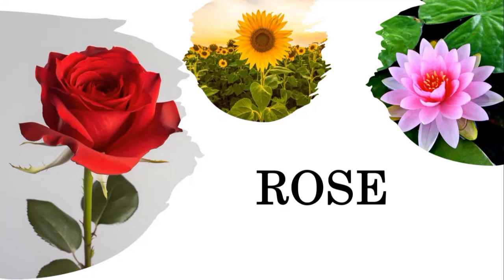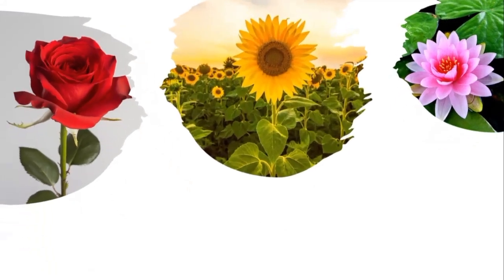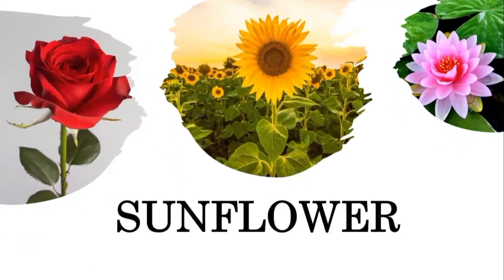Rose, rose. Now we will talk about a type of flowers. First we have rose. Sunflower, sunflower. Also here you can divide the word into two syllables, sun and flower.